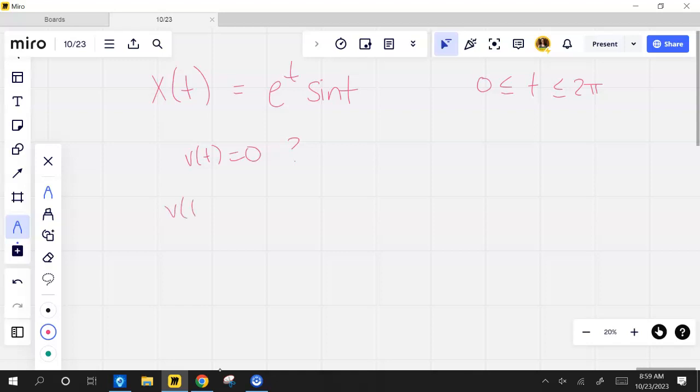The velocity. So the derivative of position is velocity, so I need to find the derivative of this. Derivative of the first times the second plus the first times what's the derivative of sine t? And I need to know, when does this equal 0?